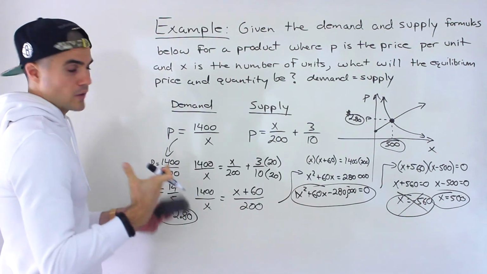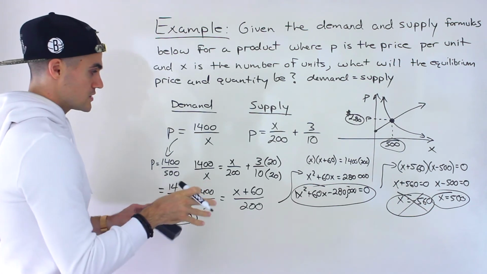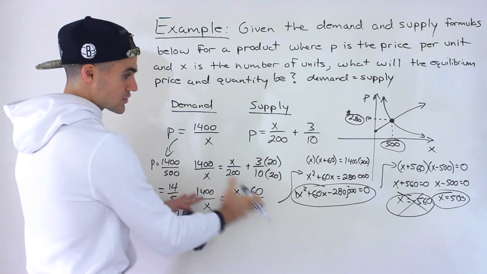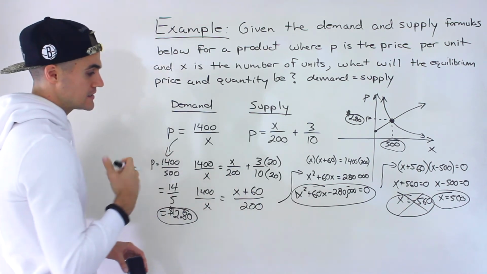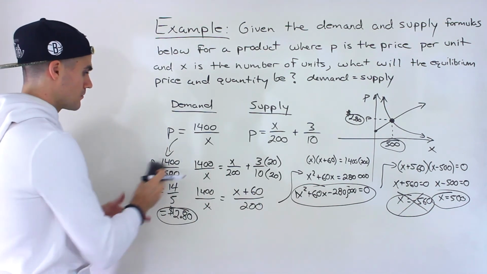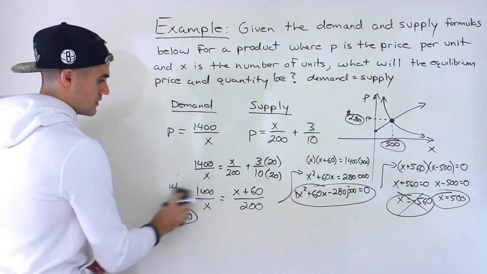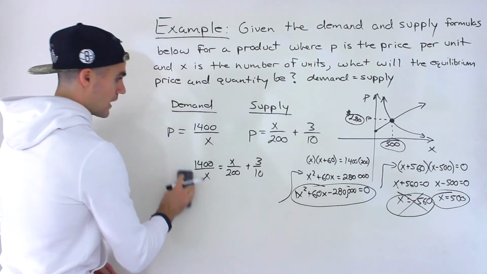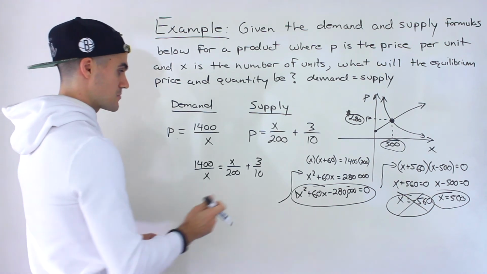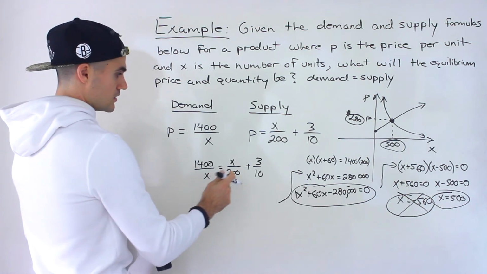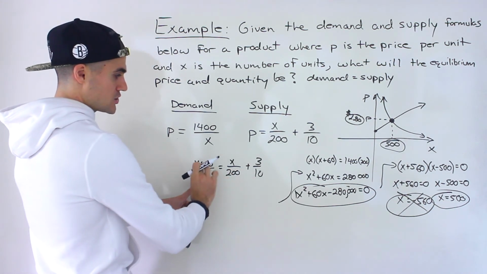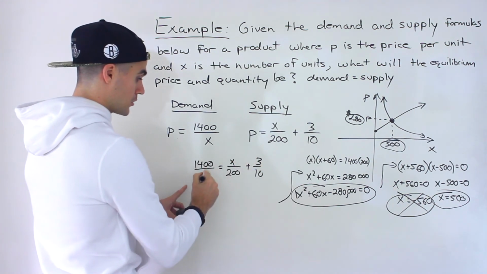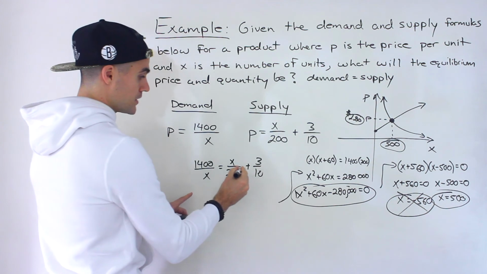There are multiple ways that you can go about solving this. You didn't necessarily have to do it this way, putting this into one fraction and then cross multiplying. That's how I did it. Another potential way you may see this shown is that at this point, they may just multiply everything by the lowest common denominator. The lowest common denominator between x and 200 would be 200x.